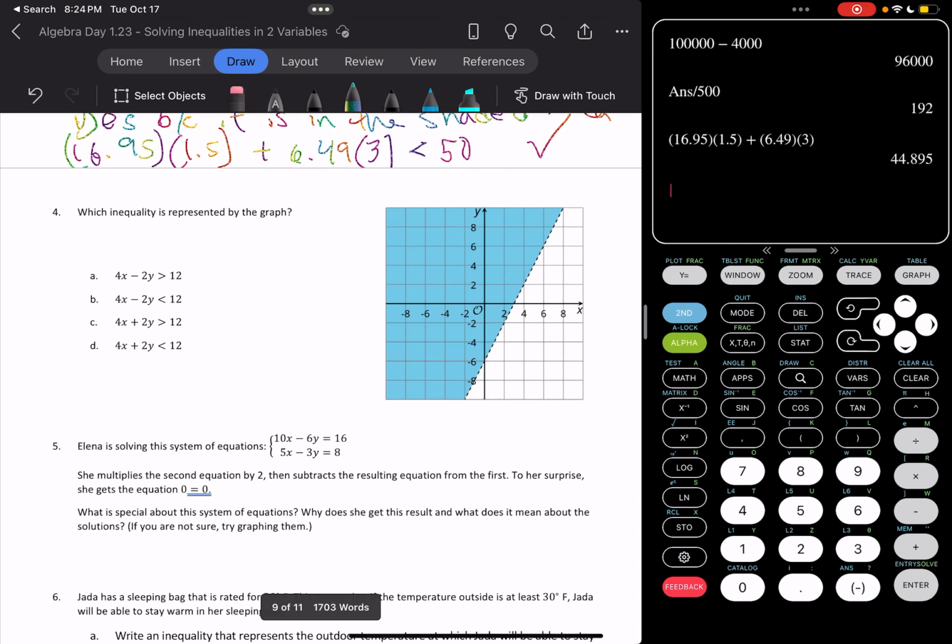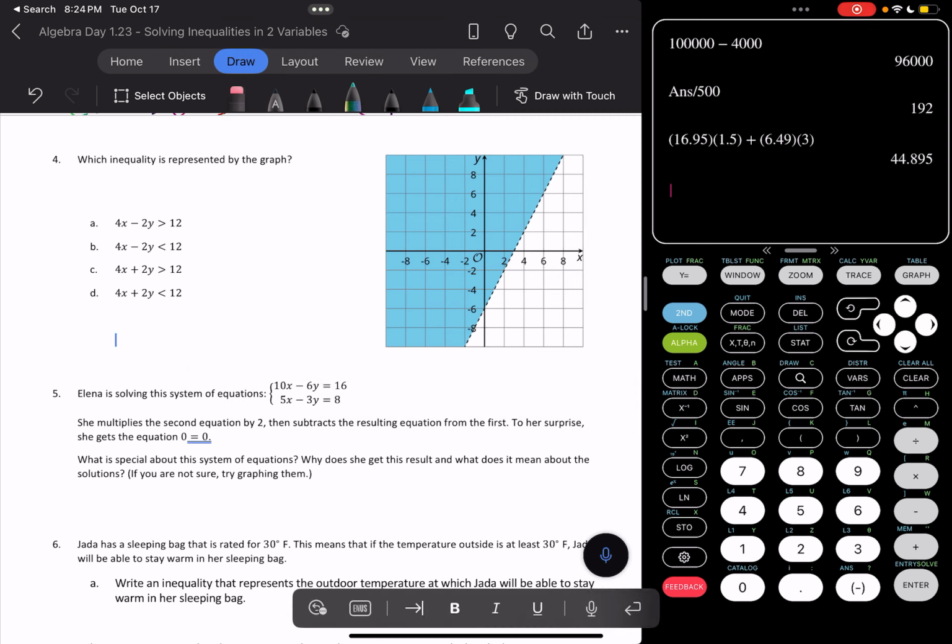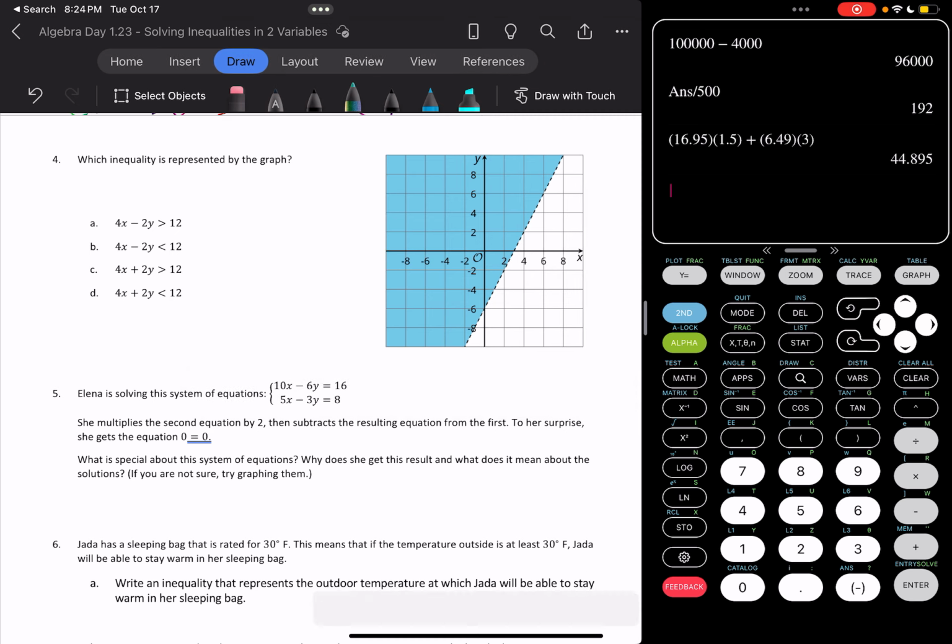All right, number 4 says which inequality is represented by the graph. So we need to decide which of these graphs is represented here. Now, note that in the blue area, 0, 0 is a valid point. So I should be able to plug in 0, 0 to this equation for it to work. So 0 minus 0 is greater than 12?